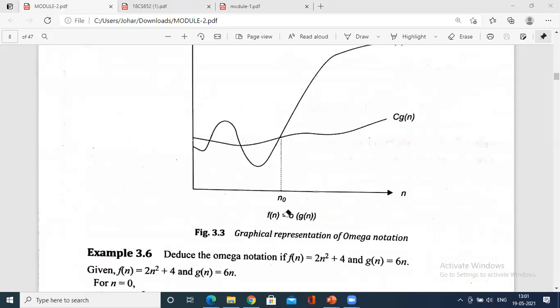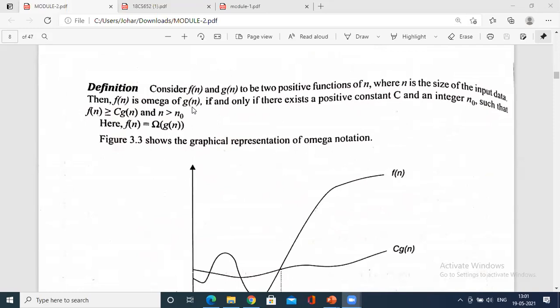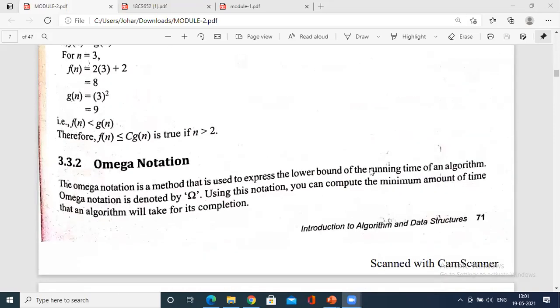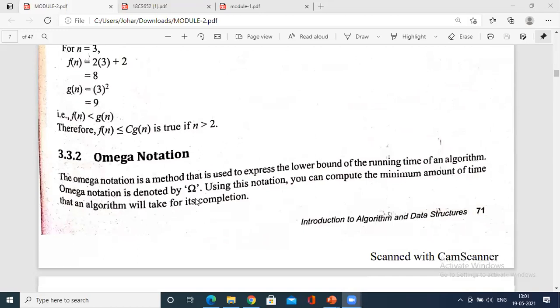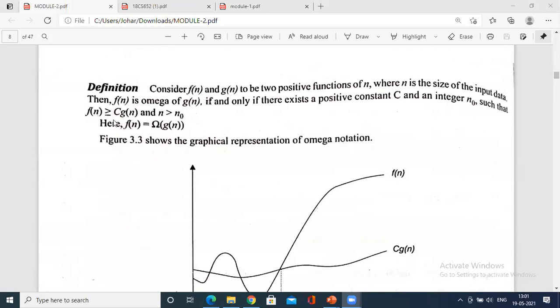Next, let me focus. How do you write the equations for omega notation? Omega notation is used to represent the lower bound of the running time of an algorithm, that is, to measure the complexity. The symbol is the same. Now, how do you write it? Always f of n is greater than or equal to c of g of n, where n is greater than or equal to n naught.